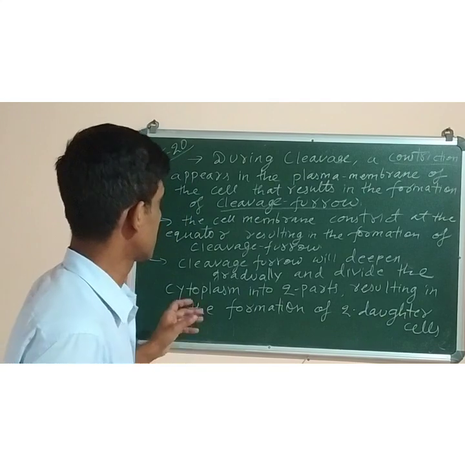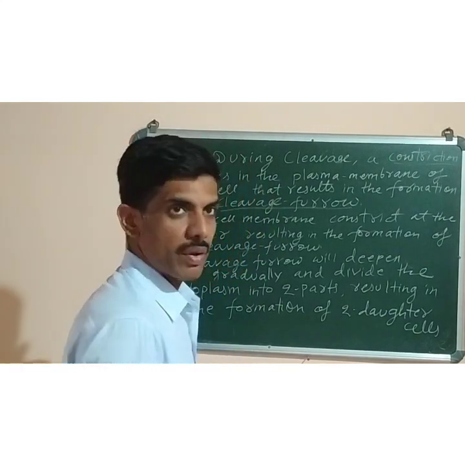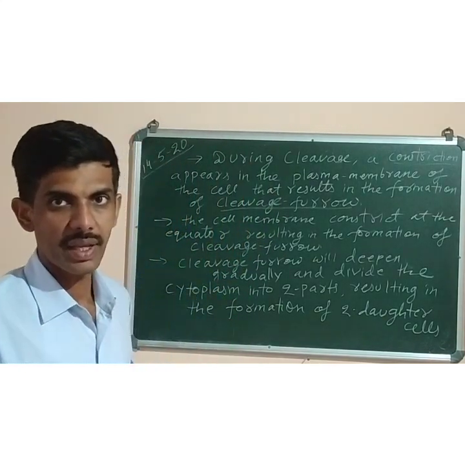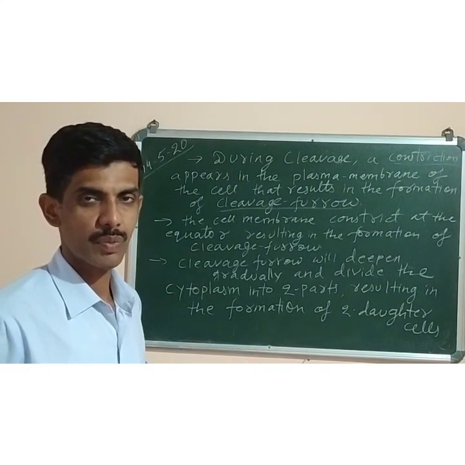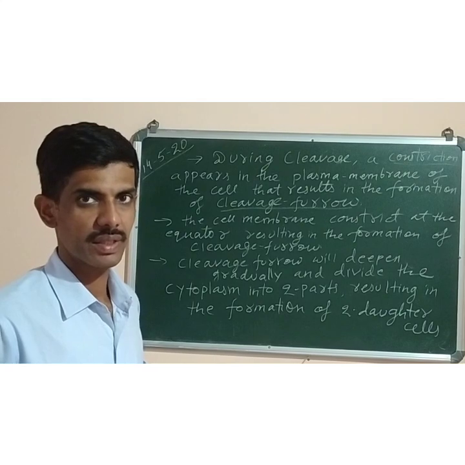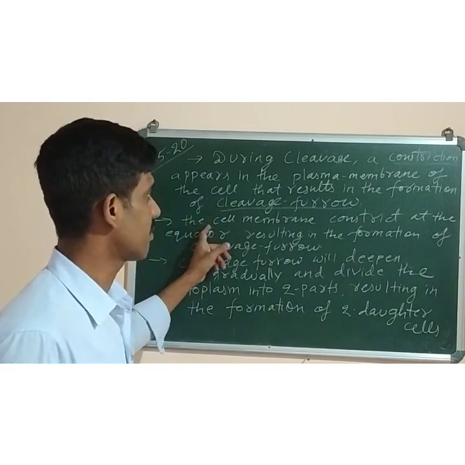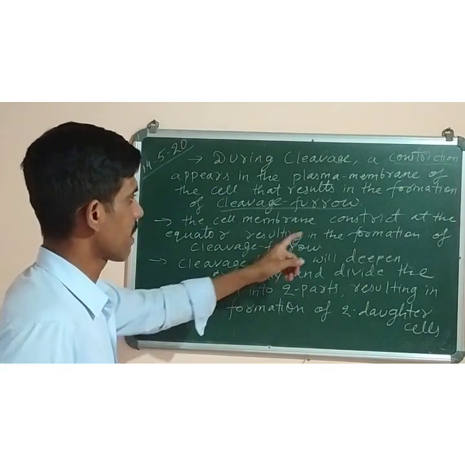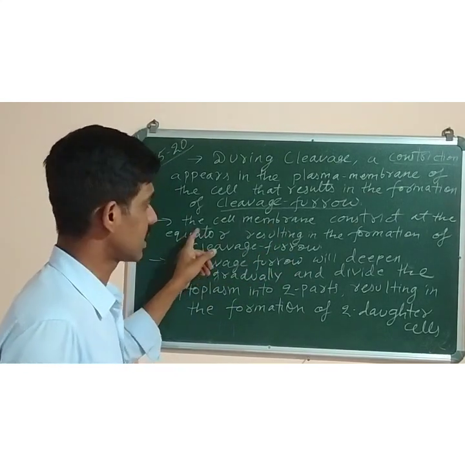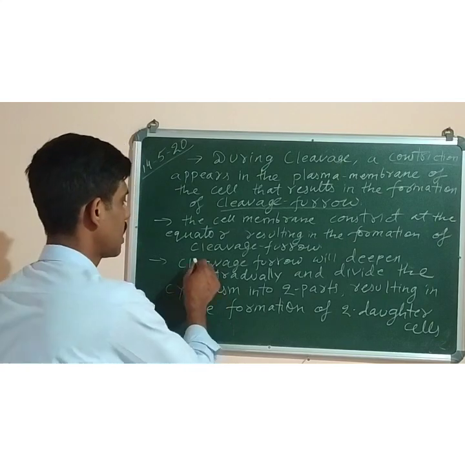So what are the points? Now the diagram. So during cytokinesis in animal cells, it occurs by a process called cleavage. Second point, the cell membrane constricts, means it will go inside at the equatorial plate, resulting in the formation of cleavage furrow.